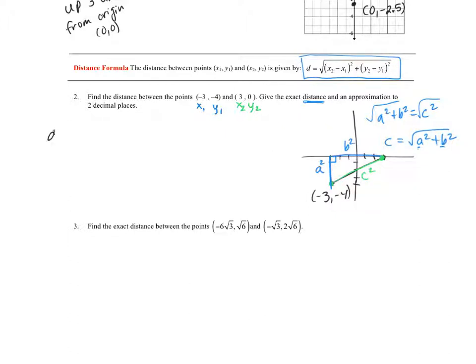Okay, the distance is equal to, what we do is we take, here we need x2 minus x1. I just think, where did I get to? For the x, I got to 3, minus, where did I start? A -3. You can square that up. And then that's the length of one side, which here 3 minus a negative, that's 3 plus, that is 6.